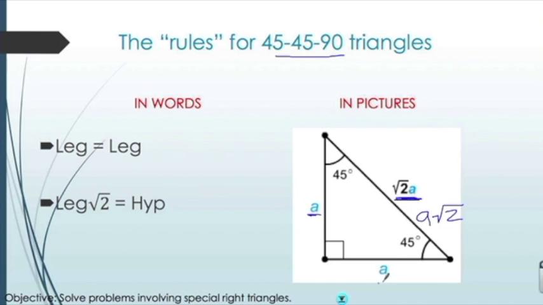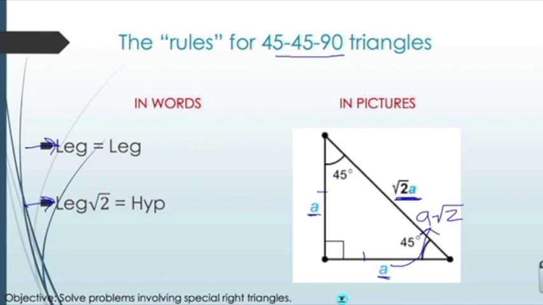Whatever your two legs are, they're going to be the same value for a 45, 45, 90 because it's an isosceles. And then your length for your hypotenuse is always going to be that length of the leg times the square root of 2 every time. So all the legs are equal, and the hypotenuse is the leg times the square root of 2.